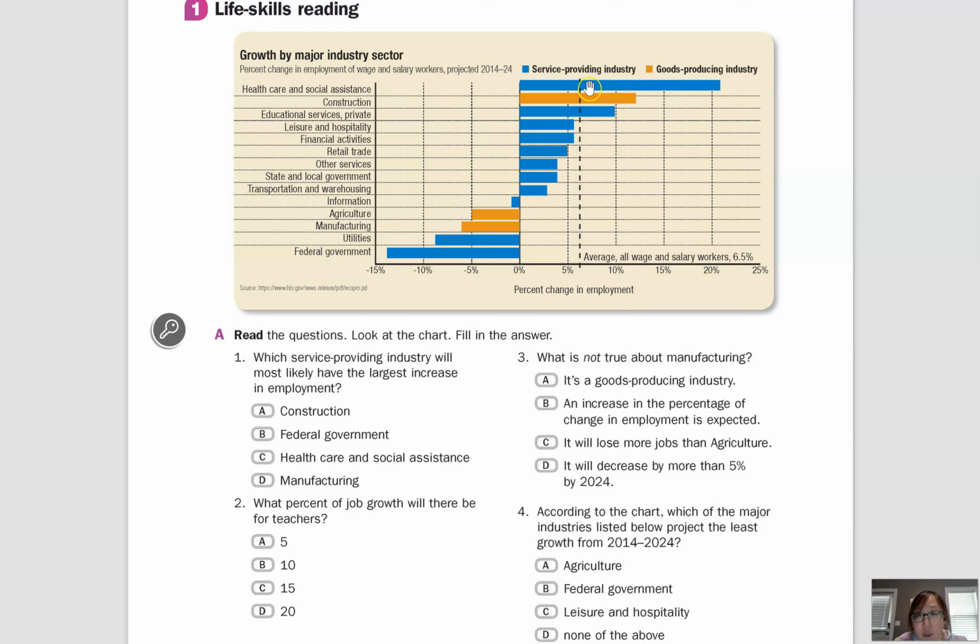So a service providing industry is an industry that provides services. Okay, and then a goods producing industry is an industry that produces goods. Okay, and one more time, a goods producing industry is an industry that produces goods. So remember, industry is singular, so we need to say produces and provides.